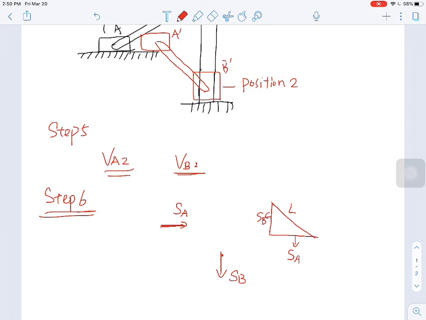So the relationship between those three should follow the right triangle law, which is L squared equals SA squared plus SB squared. Yep, so you have to find a relationship between them in order to solve this problem.